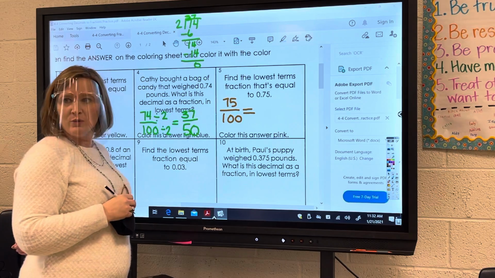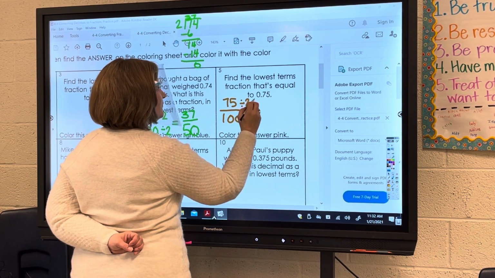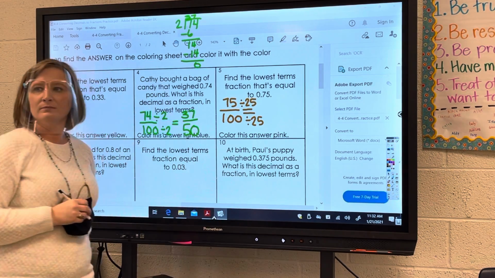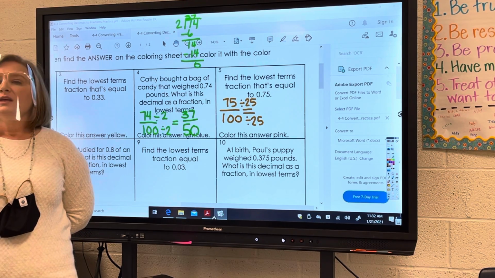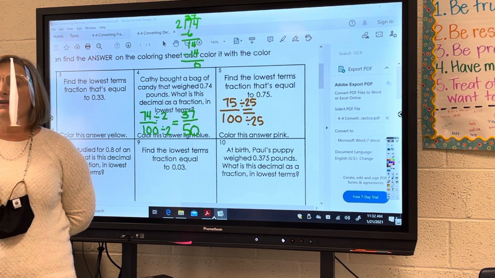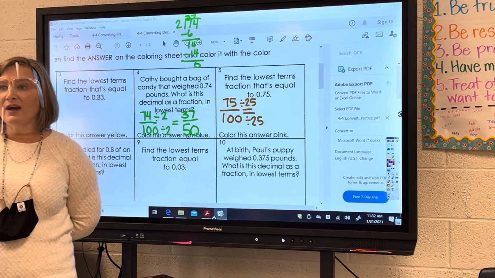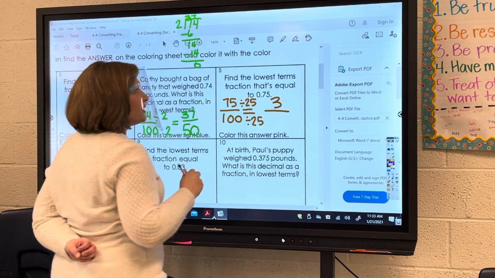Which one do you want to divide by? 25. I did 5. I'll show you in just a second. I'll do it your way in just a second. 75 divided by 25 is what? How many quarters are in 75? 3. How many quarters are in 100? 4.